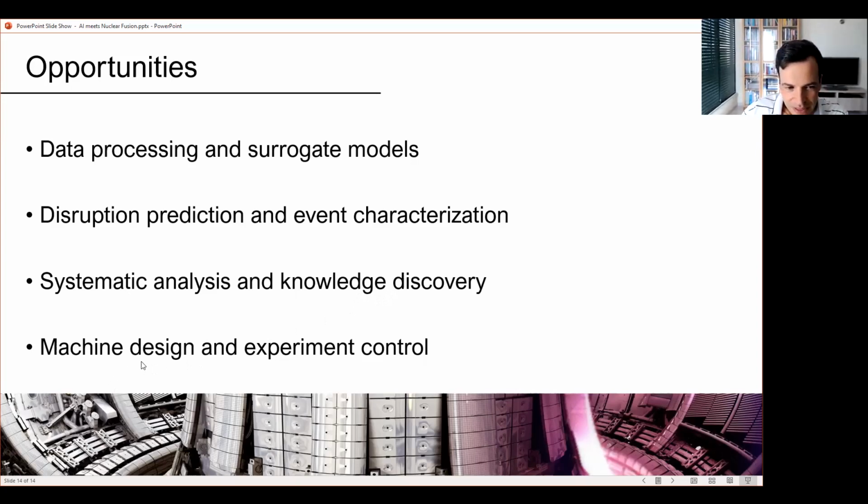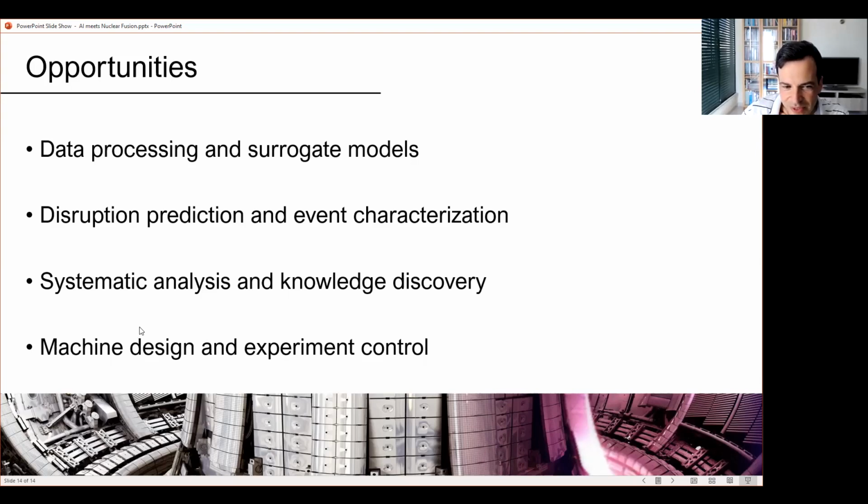other very different applications of AI in fusion. I didn't go into much detail about these, but they make a lot of sense, because if you think of machine learning as an optimization process, when we're training a model, we're optimizing the parameters for certain given data.